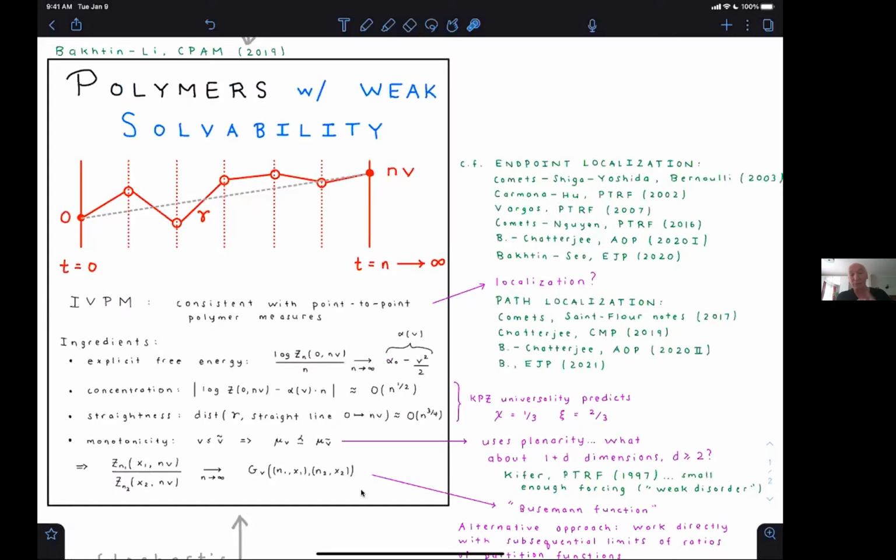Then the polymer will not exist almost surely, but what will probably exist is a distribution of these polymers. They will not exist because they're moving, but their distribution would have a limit. Distribution of the polymer measures will have a limit when n goes to infinity. And that is an object which probably can be defined.